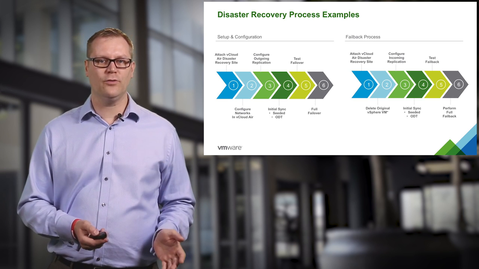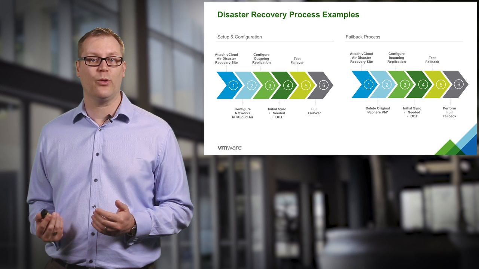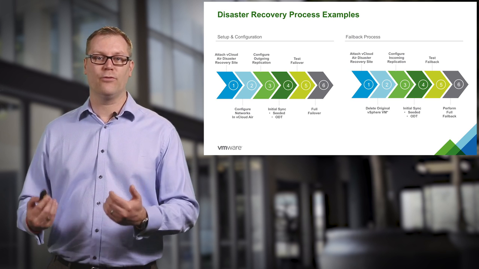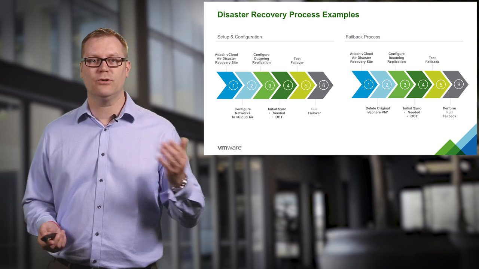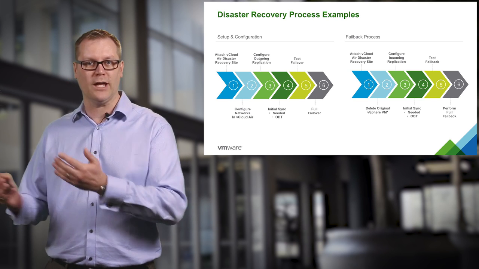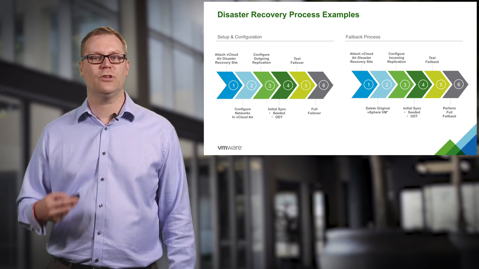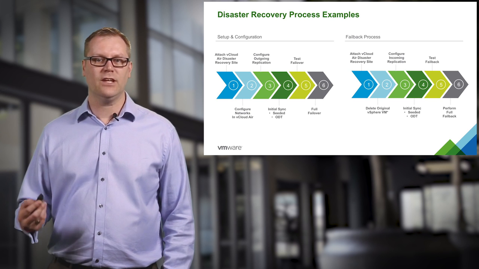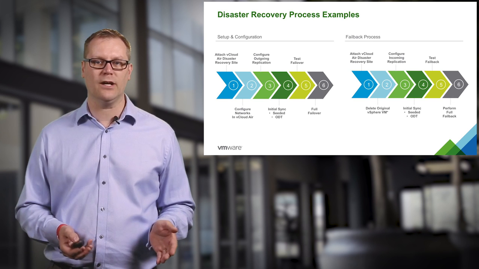Then once we failed over to the cloud, the steps on the right-hand side show you how you actually bring that virtual machine back to your on-premises cloud from vCloud Air. So in very much the same way as you configure your replication to the cloud, the steps are very similar to bring it back. So we attach to the recovery site, which is your on-premises environment. You delete the original VM if this is an environment where you've done a planned migration.